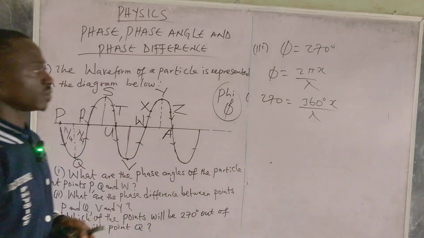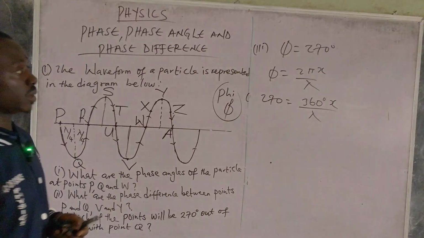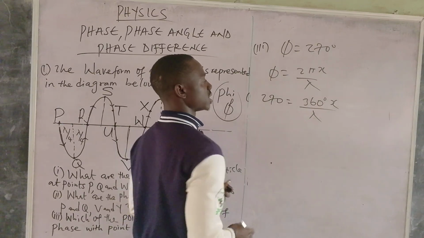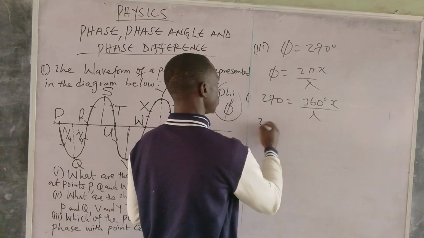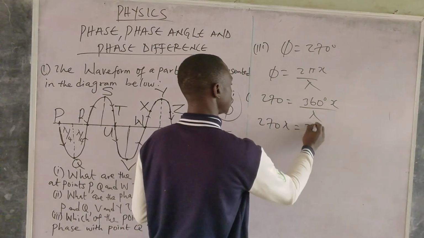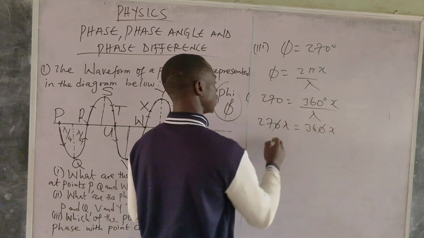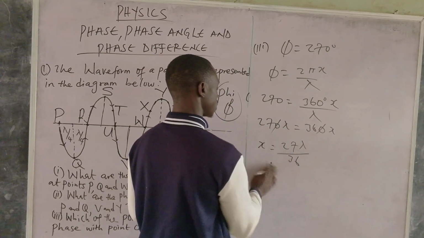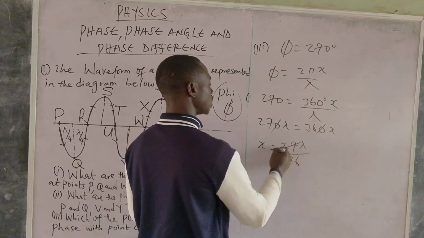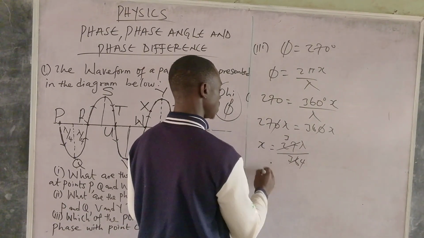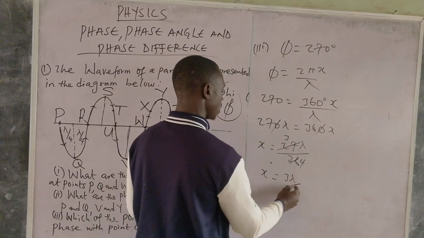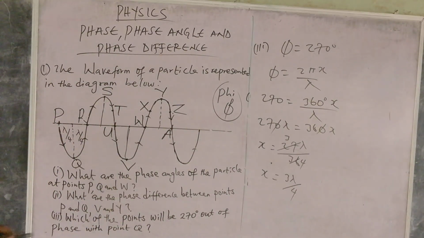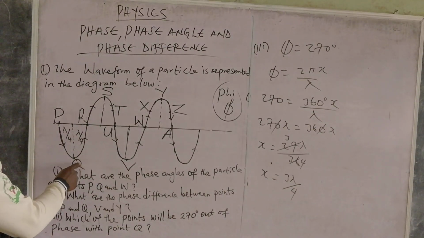Okay, so if we make x the subject of the formula, 270 equals 360x, so x will be 270 over 360, which is 3 over 4. So this is the horizontal distance between those points and point Q.